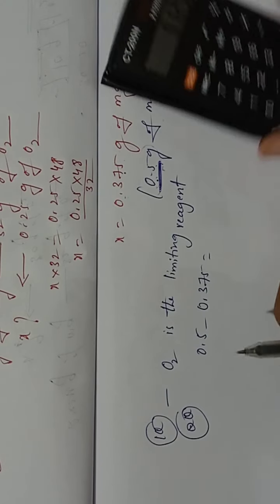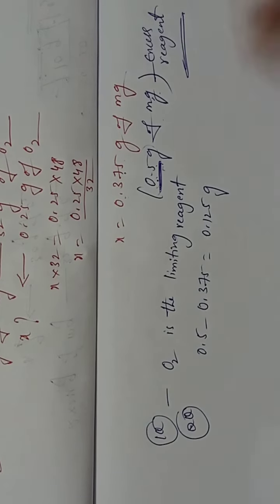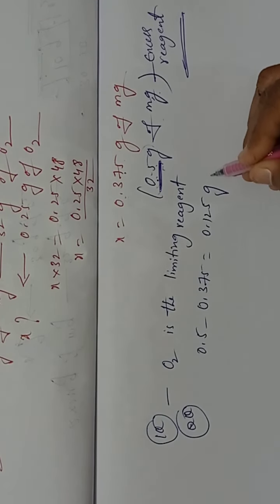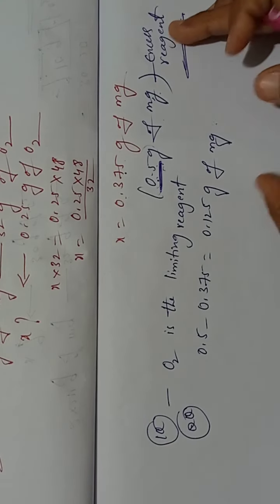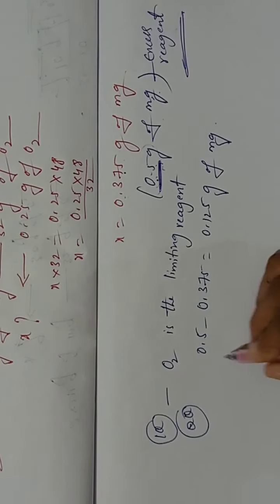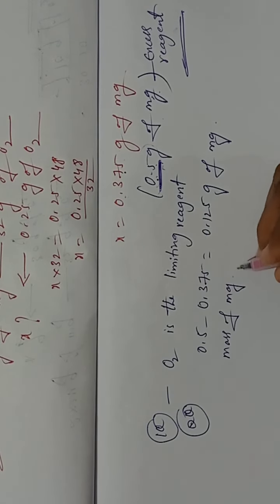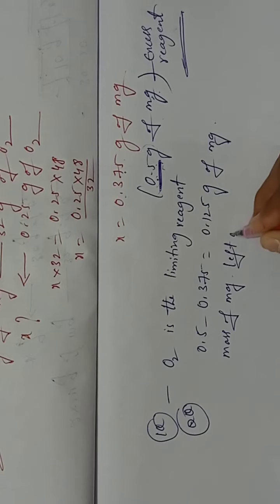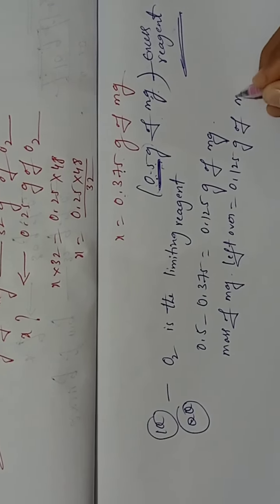How much? 0.125 grams of magnesium. This is the excess reagent. This is the mass of magnesium left over. Clear? 0.125 grams of magnesium.